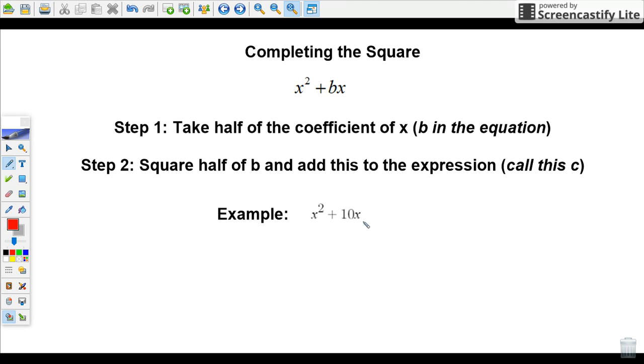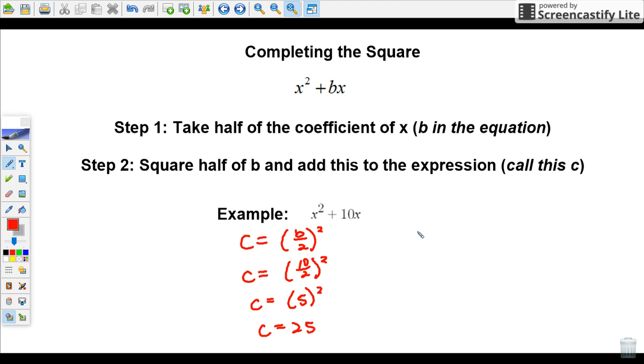So x squared plus 10x, we need to figure out what c is. We need to figure out what we could add to the end of this to make it a perfect square. So we're going to do half of b, so b over 2 squared, and in this expression b is 10. So 10 over 2 squared. 10 over 2 is 5, so we're just going to square 5, and we get that c equals 25.